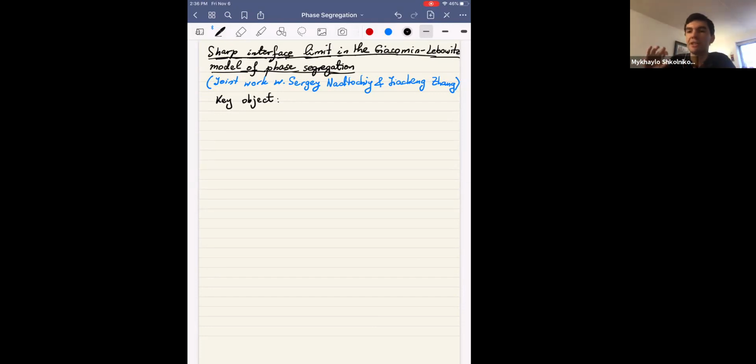Before I write the formulas, let me draw a picture to describe this problem pictorially. I will draw time on the vertical axis here and space on the horizontal axis. Throughout the talk, the space dimension will be 1. I'll explain from time to time what happens when you move to higher dimensions, but essentially we will stick to dimension 1 throughout the talk.